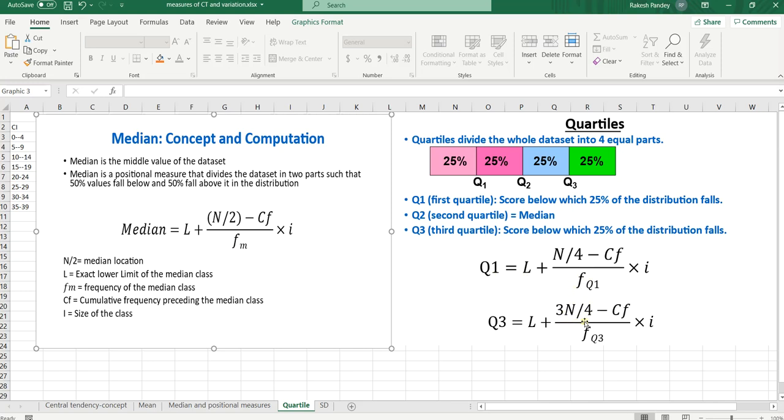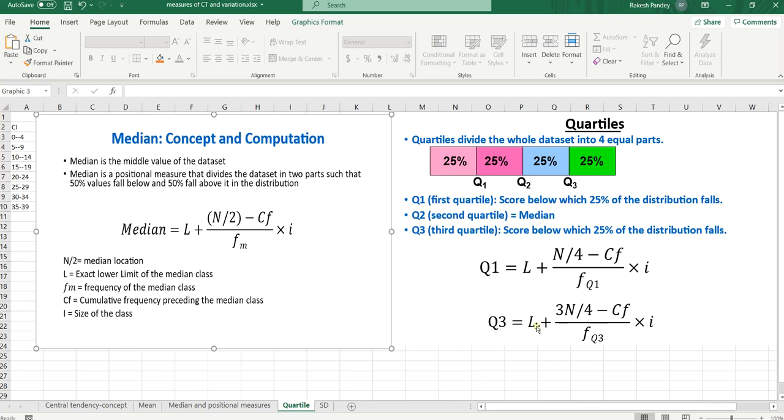Now 3n by 4. Why? Because 75% of cases are lying below Q3. So 3n by 4, 3 by 4 is 75%. So we will locate the Q3 class by this value 3n by 4, and then all values have the same meaning.